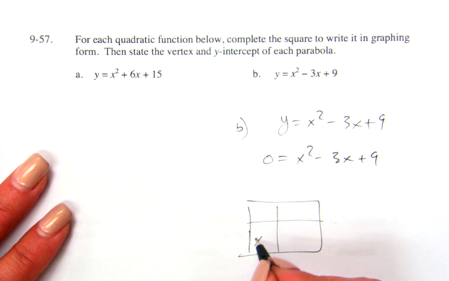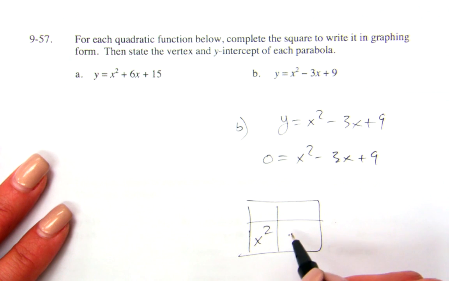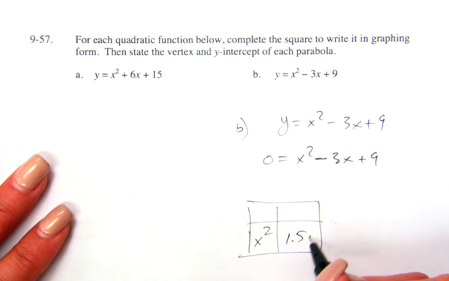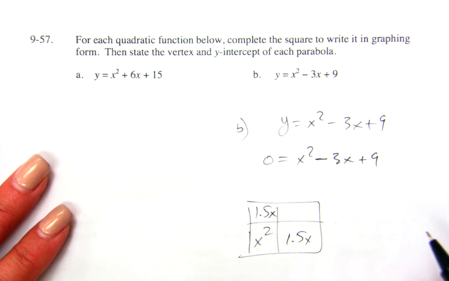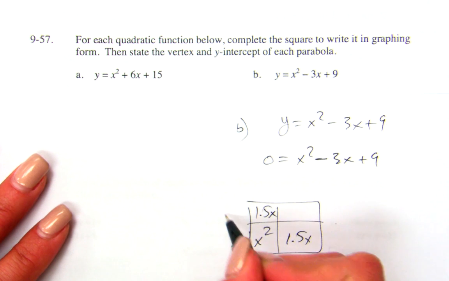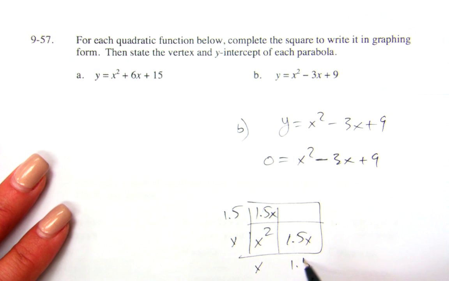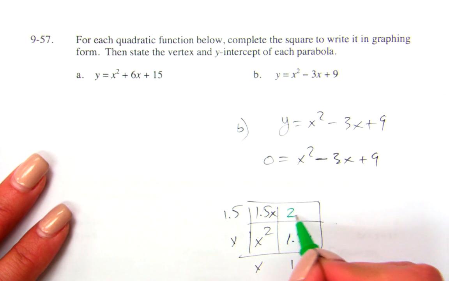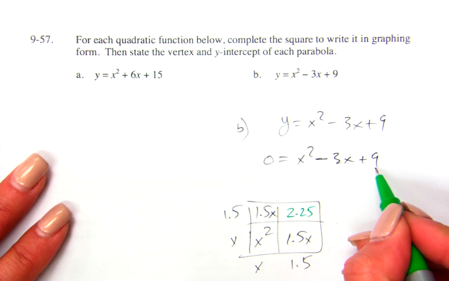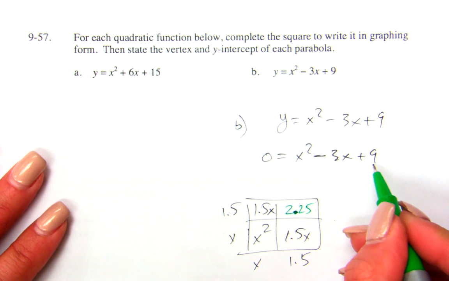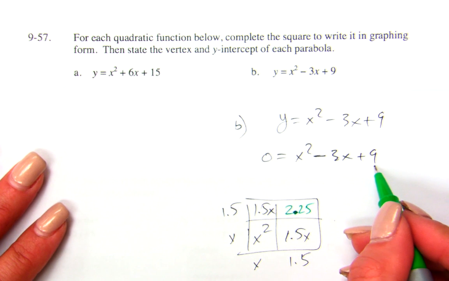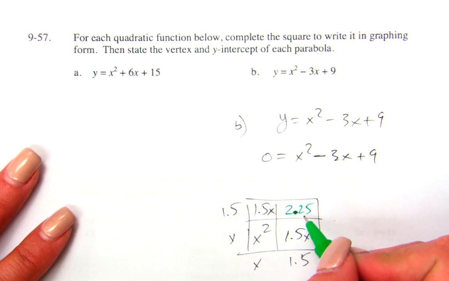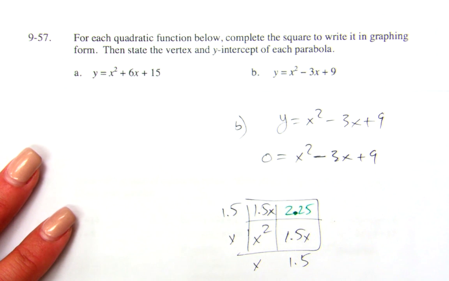So this is going to be x squared, negative 3x. Half of negative 3 is negative 1.5, so x and x, 1.5 and 1.5. And 1.5 times 1.5 is 2.25. And obviously that's not 9. So what do we need to add to 9? Technically we're probably going to subtract. Oh, is this negative?